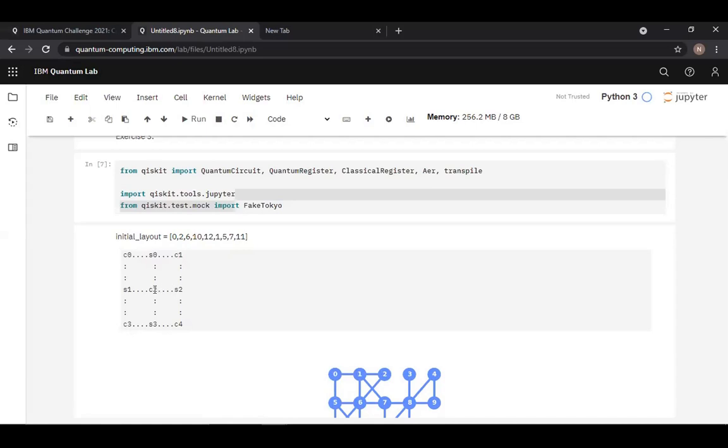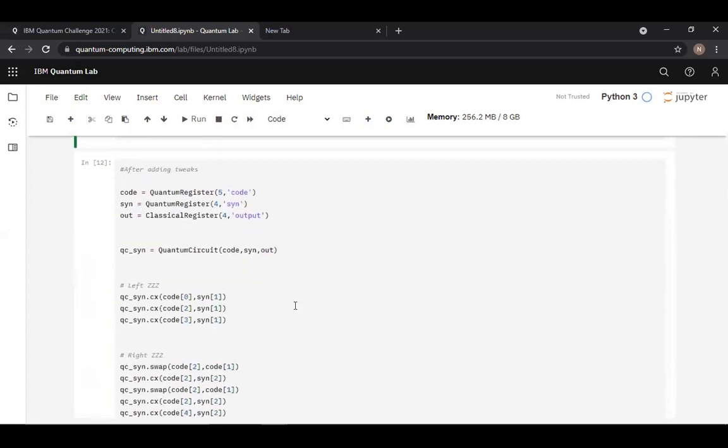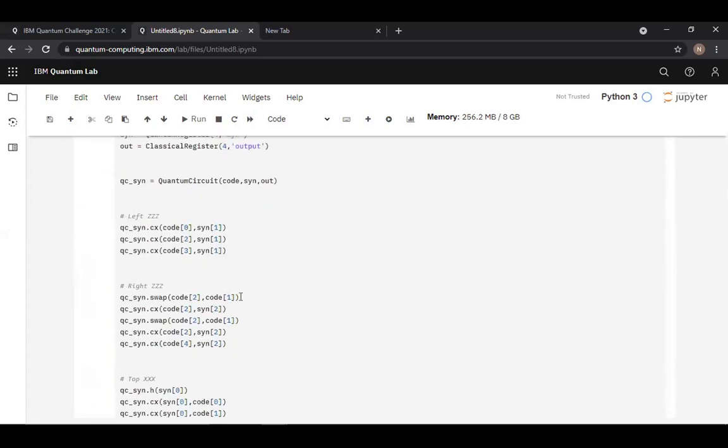We apply a swap gate between C1 and C2, then do this operation between C2 and S2, and then again apply a swap gate between C1 and C2. These two lines are just the thing we need to add onto the code which was given.